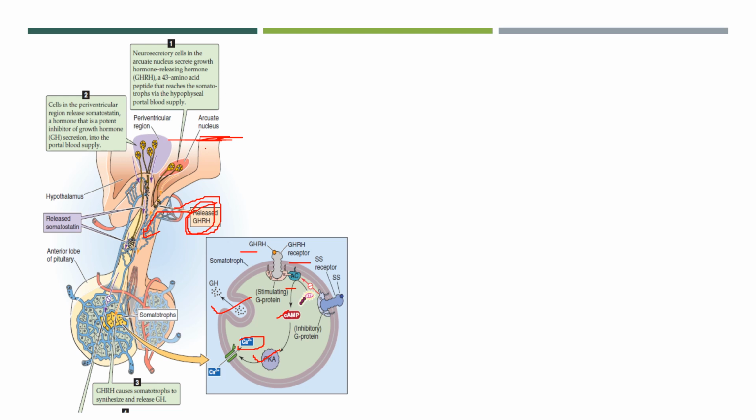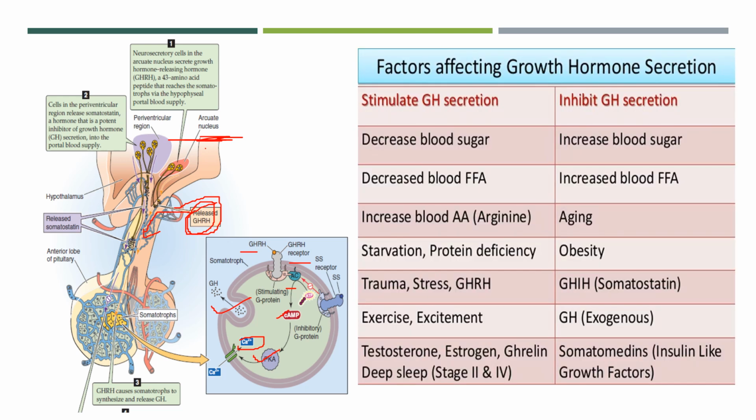So what are the factors that stimulate the hypothalamus arcuate nucleus to secrete more GHRH? So these are the factors: decrease in blood sugar, decrease in blood free fatty acid, increased blood amino acid like arginine, starvation, protein deficiency, trauma, stress, exercise, excitement, testosterone, estrogen, ghrelin, deep sleep, all are the factors that stimulate growth hormone.